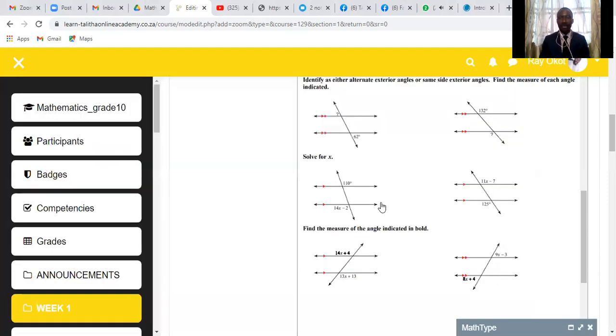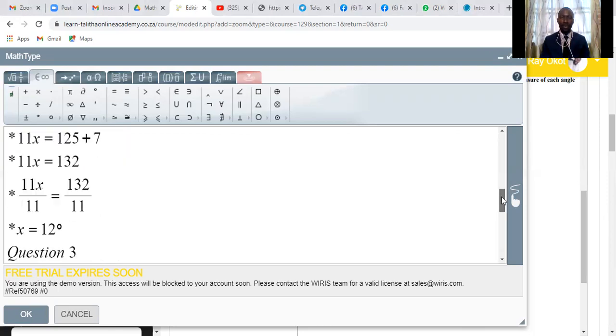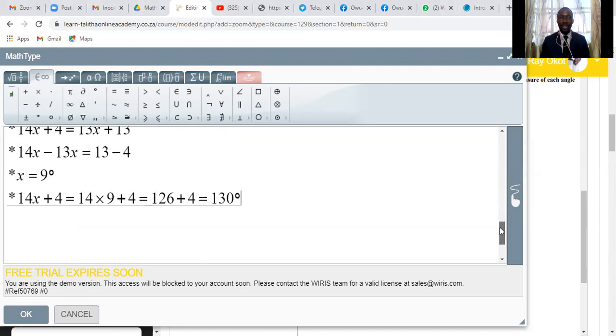What that means is that this value we have got here is also equal to this other one. If this is 130 degrees, this other one must also be 130 degrees. We can check that just to be sure. From the expression 14x plus 4, we have got 130.